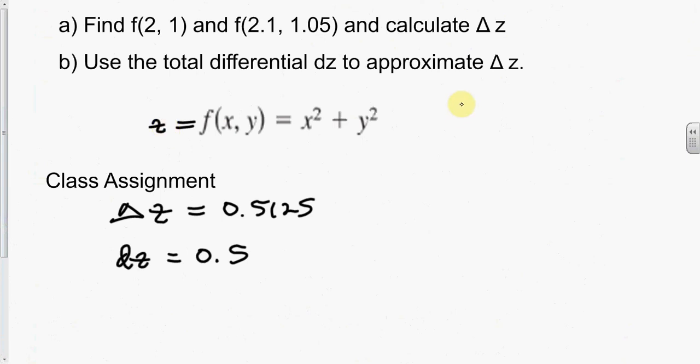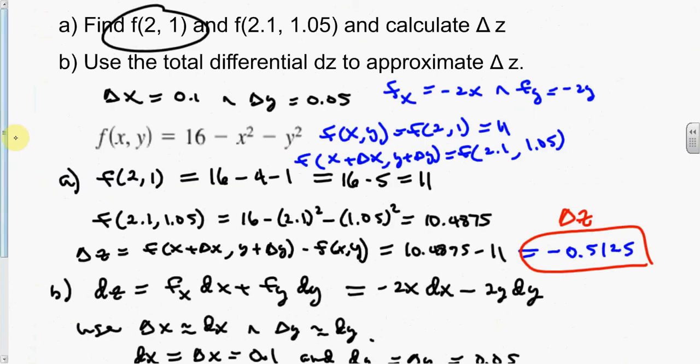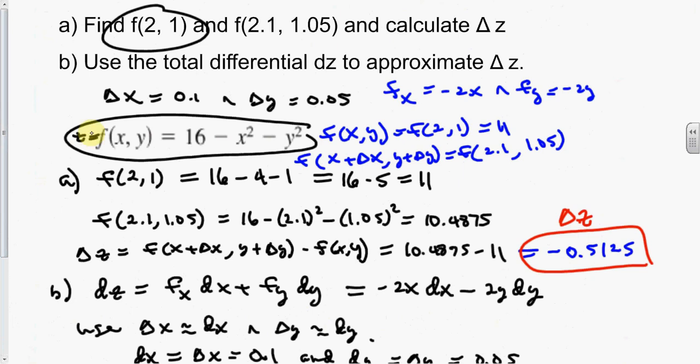Elliptic paraboloid. So what about that previous one? What is that? This is z equal to 16 minus x squared minus y squared. It's a quadric surface.